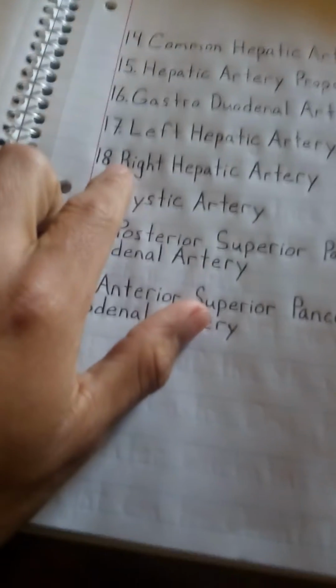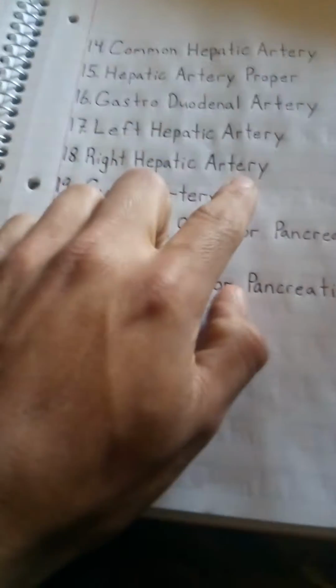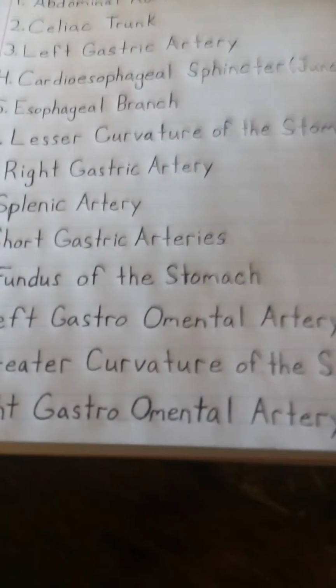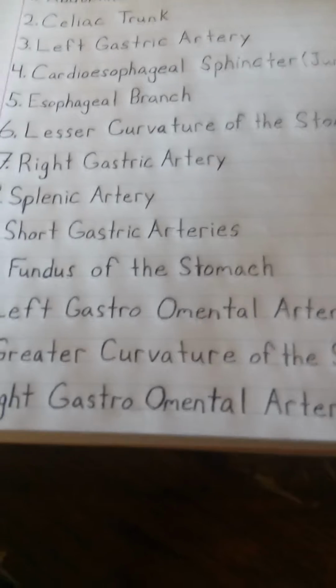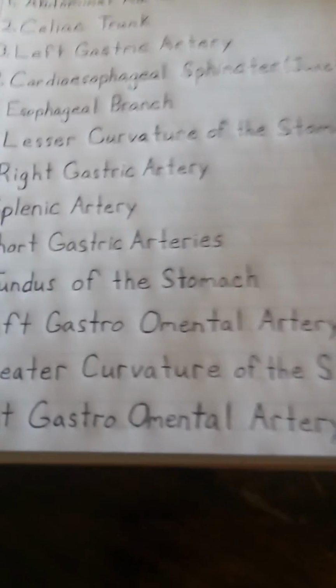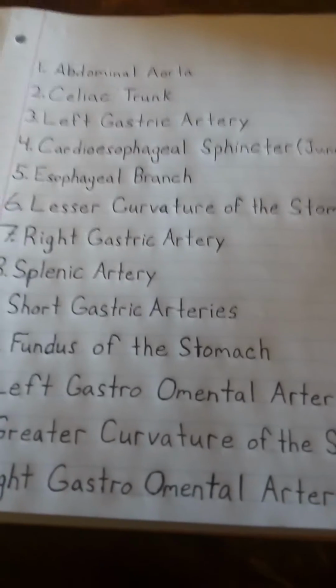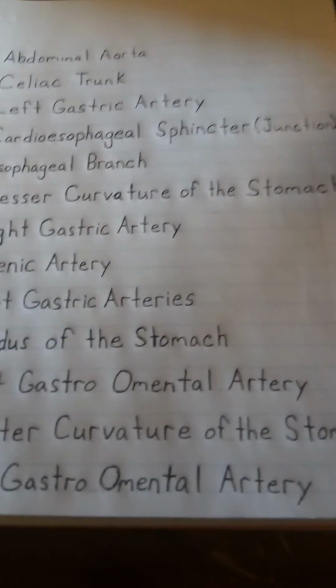And if I don't know, for example, where the right hepatic artery is, then I go to my notes. It says number 18, right hepatic artery. So then I just find number 18 on my visual example, and I know where that is. So my notes, I may not know exactly where these things are yet, but all I have to do is look on my visual picture.